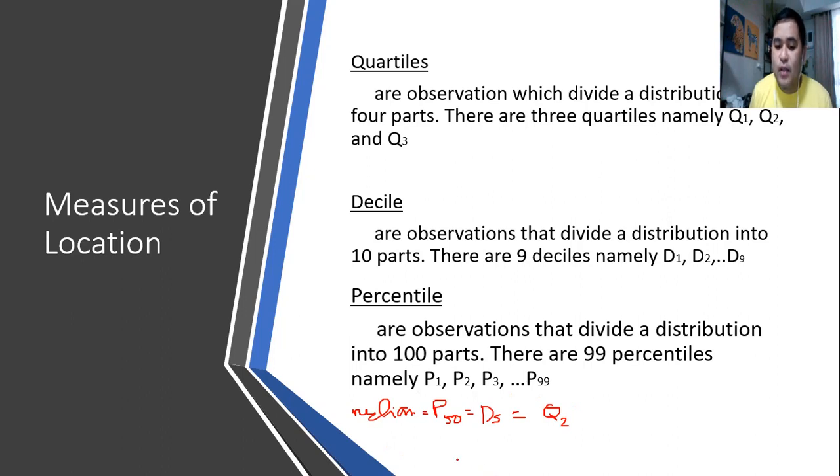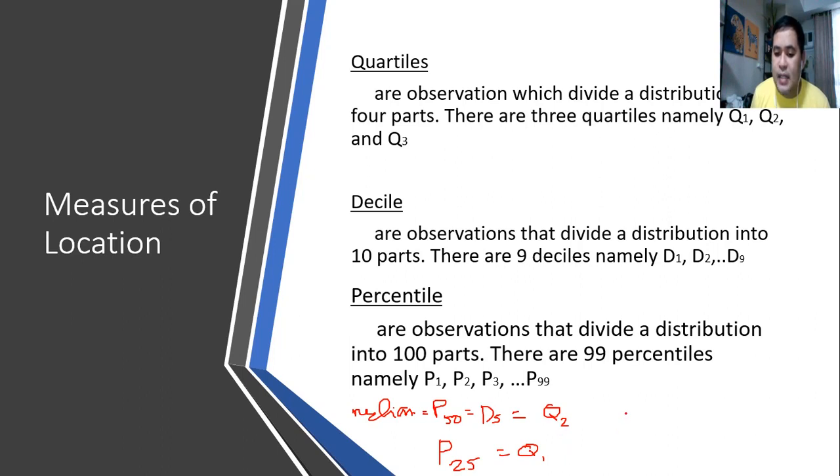So, say for example, you are to find P25. That means that is equal to quartile 1. Okay, so there are some cases that you just need to solve for the percentile so that you can solve for the quartile.